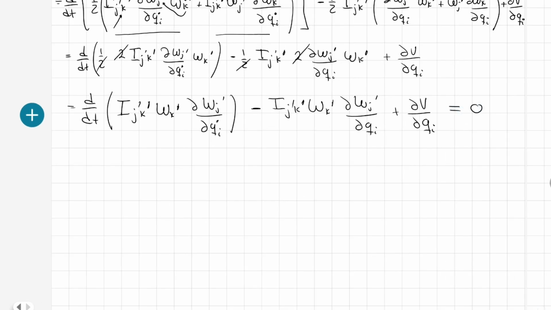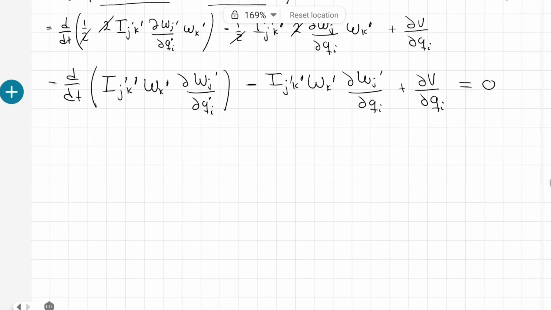And what we have seen in previous lessons is that we know that a component of the angular momentum, the jth component in this case, can be seen as the inertia tensor jk omega k.